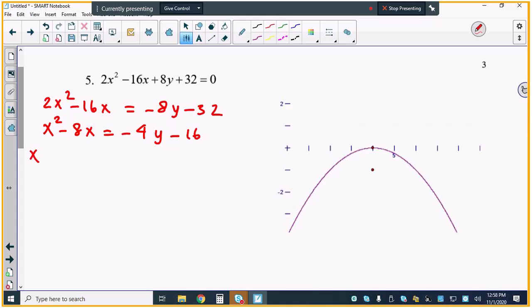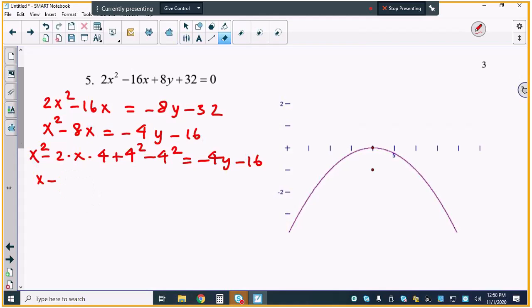Then completion of the square on the left hand side. So x squared minus 2 times x times 4 will make it negative 8. So I need plus 4 squared and minus 4 squared equal to minus 4y minus 16. So I get x minus 4 quantity squared from the first 3 terms. Then I have negative 4 squared, which is negative 16. Take it to the other side by adding.